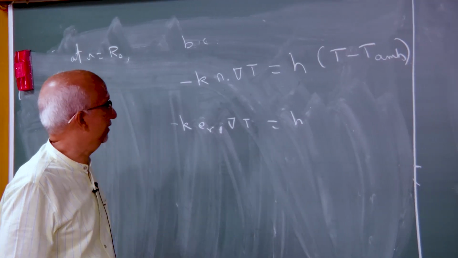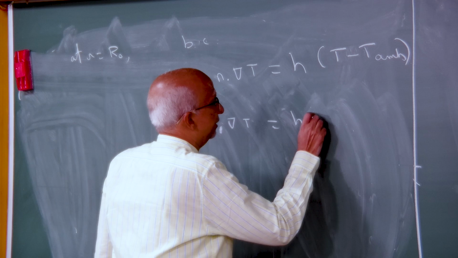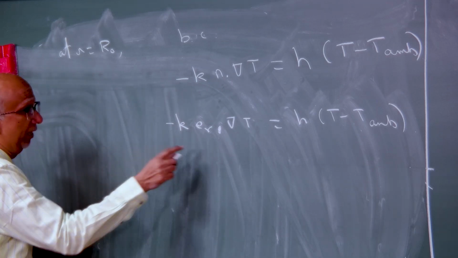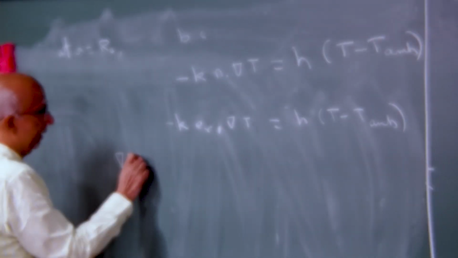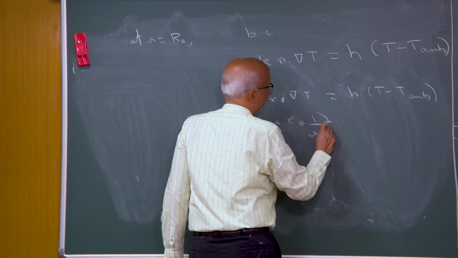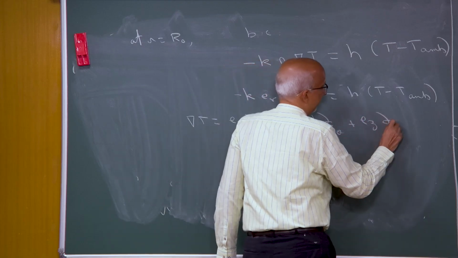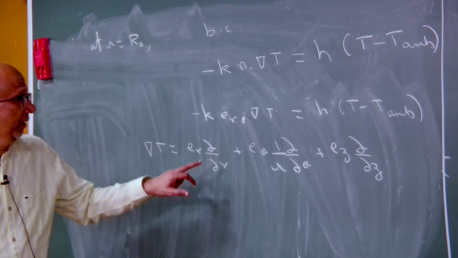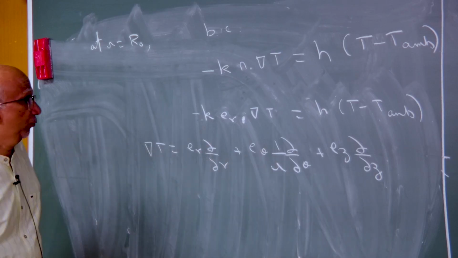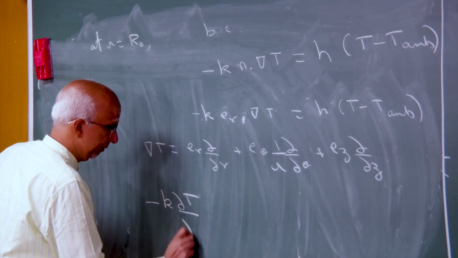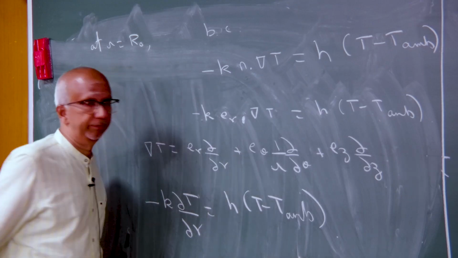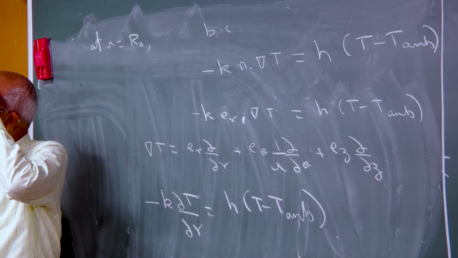So this is basically h times (T minus T ambient), and you can expand the gradient of T as e_r d/dr plus e_theta by r d/d theta plus e_z d/dz. Because e_r dotted with e_r is 1, and e_r dotted with e_theta and e_z is 0, you get minus k dT/dr equals h times (T minus T ambient). This is the boundary condition which you are going to use.